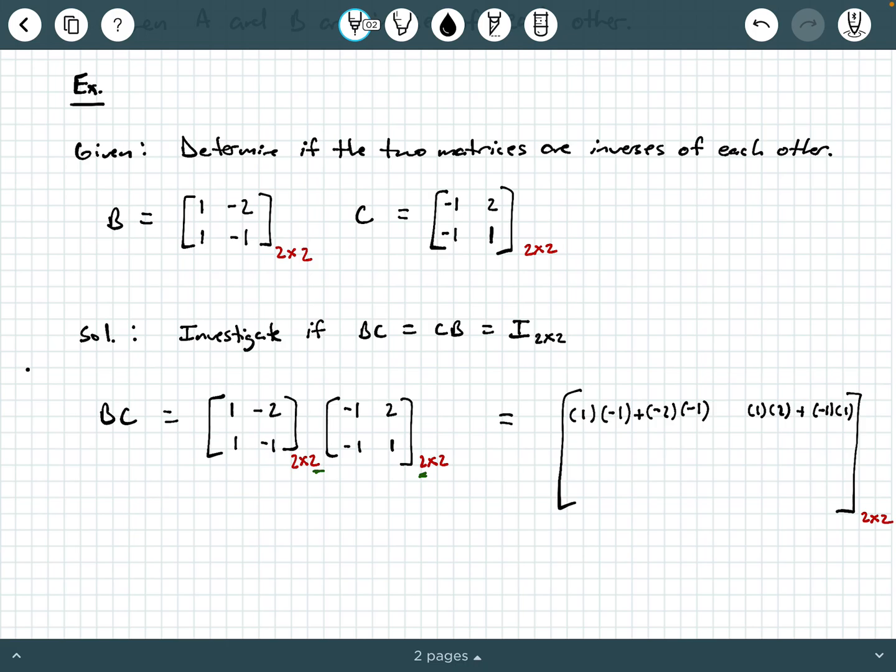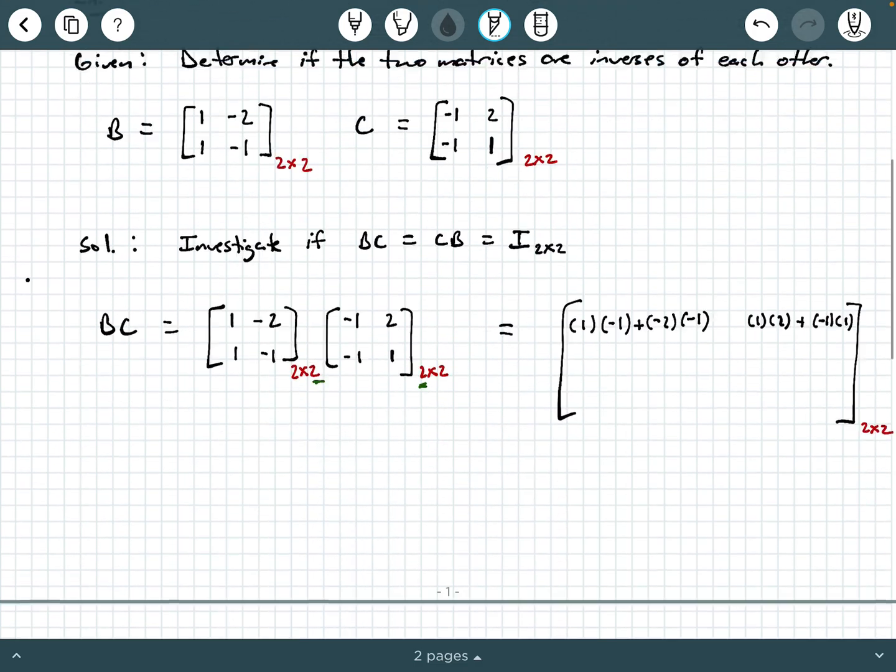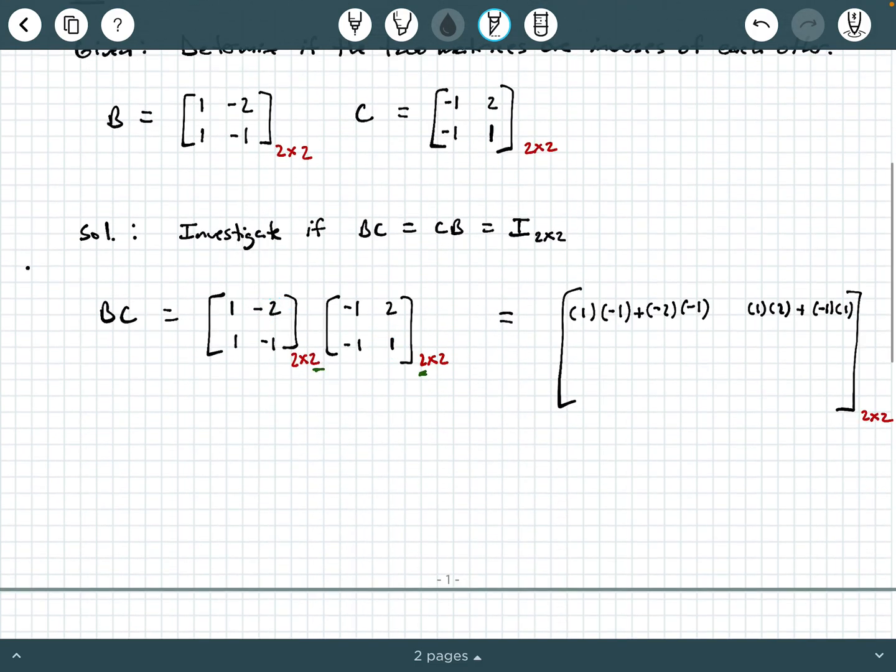Oh, I have a typo there. So we're going to say, well, let's see, 1 times 2 plus -2 times 1. I'm so sorry. If you caught that mistake there, good for you. -2 times 1. There we go. Okay, what about row 2, column 1?